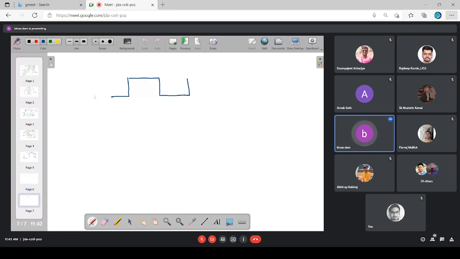This is say -1 volt. Here this is +2 volt. Now, at this time instant, what is the rate of change at the output? Infinite. At this instant, minus infinite.